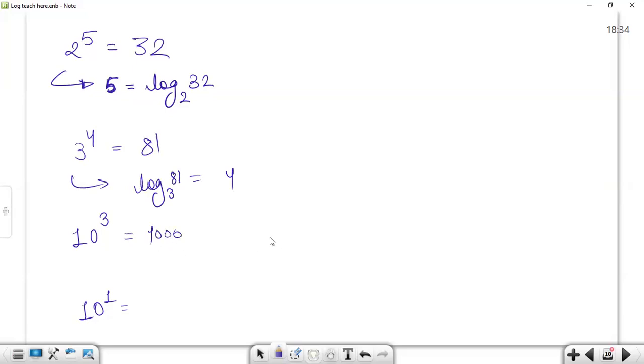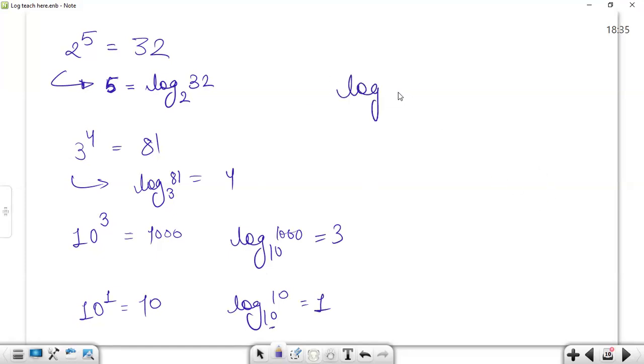How can we write this exponential in terms of logarithm? Log with 10 in the base, 1000, which is equal to 3. Good. 10 raised to power 1 is 10. Log of 10 to the base 10 is equal to 1. So this is the basic understanding.